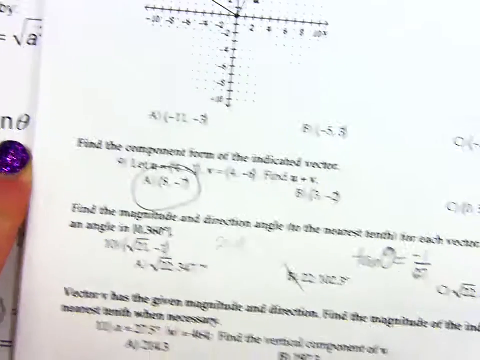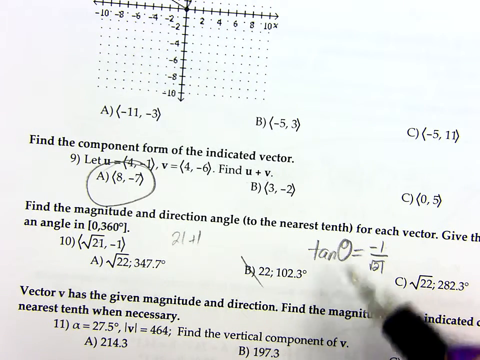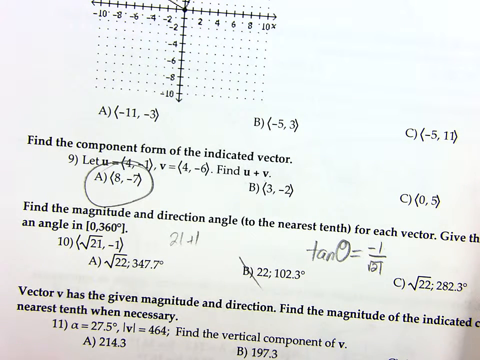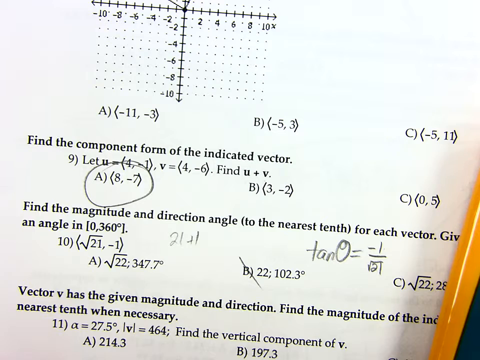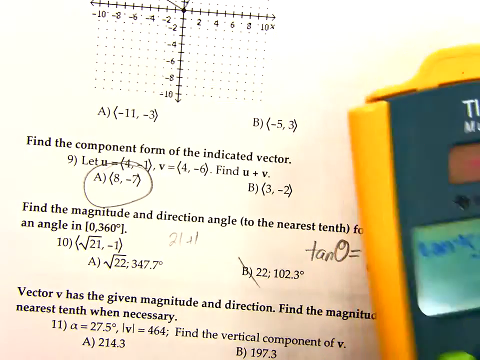So how do I get my calculator to spit out an answer? Second tan. Did you do second tan? Second tan, negative 1 divided by the square root of 21. And what do you get? I get negative 12.3.